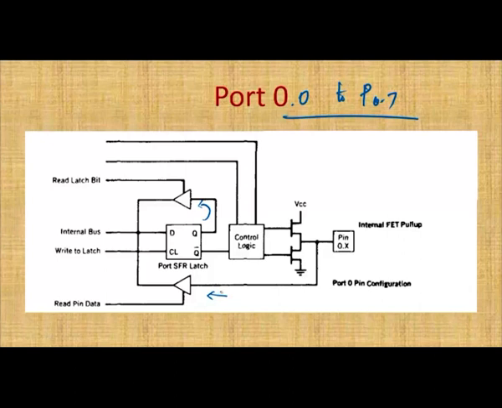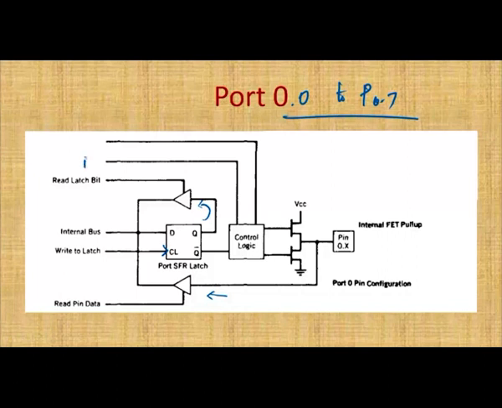For the read operation, you can read externally from the pin when a switch is connected; if you press it, the corresponding signal will be passed. Otherwise, if you want to read already stored information, you can read it from the latch. So for that we have 2 read pins, and the write latch is enabled.